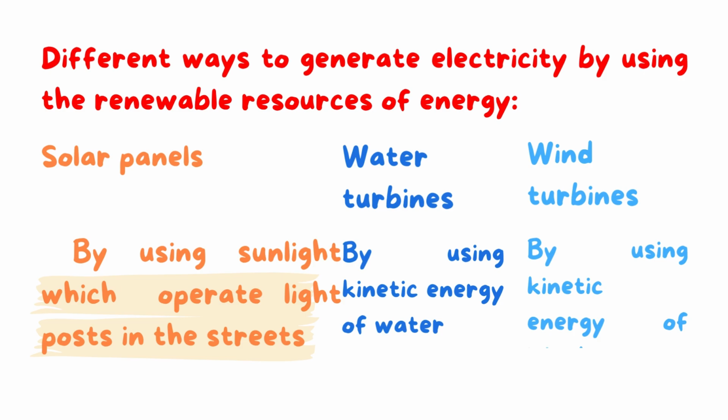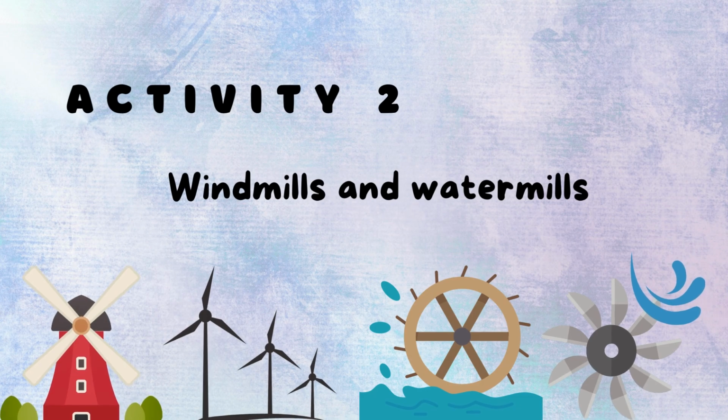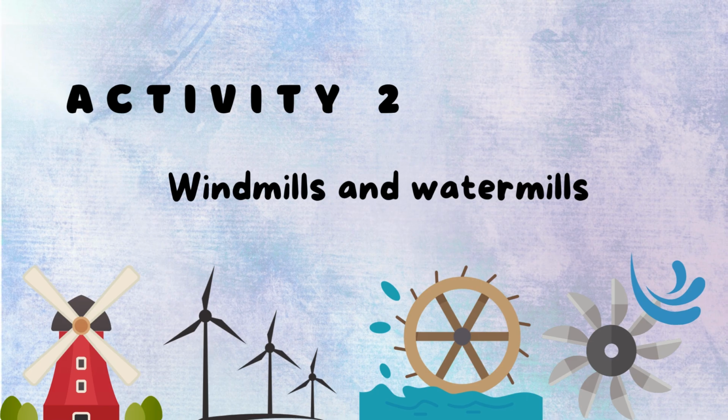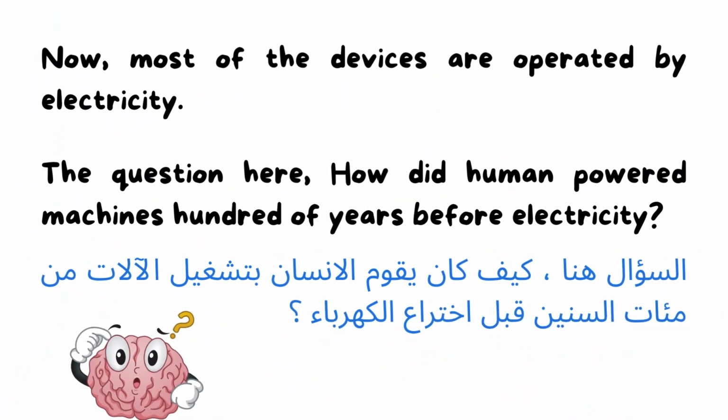So now we finish this activity and we will start activity 2, which has the title Windmills and Watermills. As you know, now most of the devices are operated by electricity.